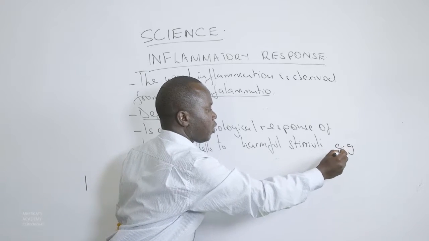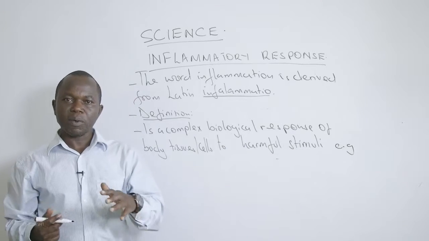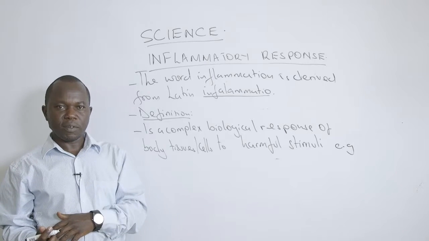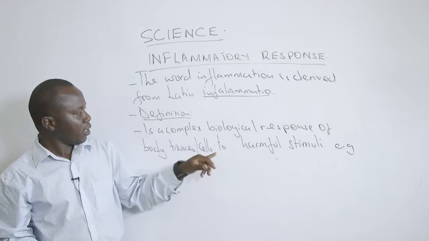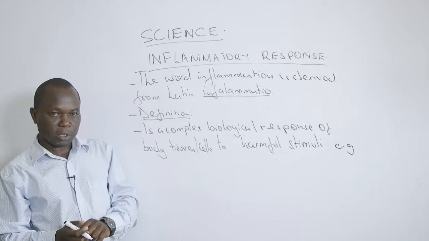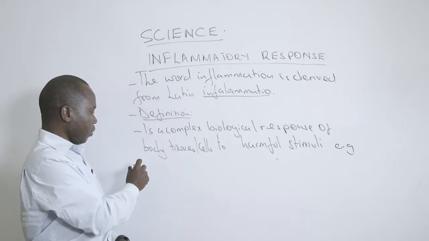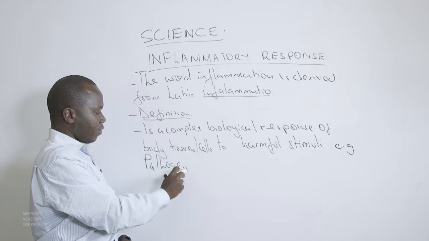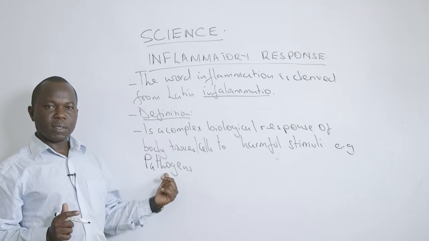Harmful stimuli, e.g. Before we look at examples, we have already come across the word stimuli. We said a stimuli is a change in the environment. But that change, if it is harmful, then the body will produce inflammatory response. So examples of harmful stimuli include pathogen. Just like we have said, we have those microorganisms that cause diseases are called pathogens.